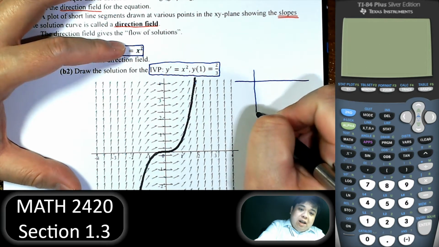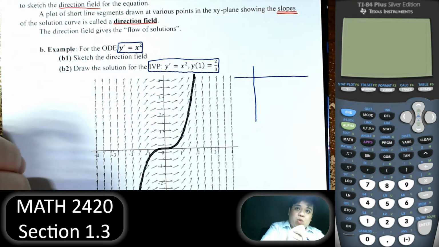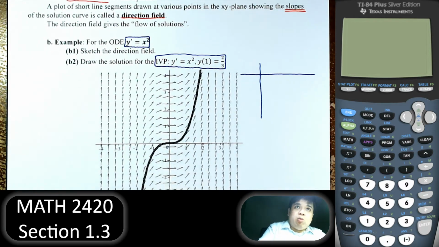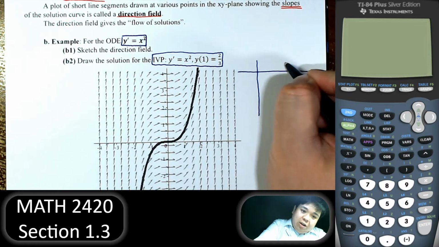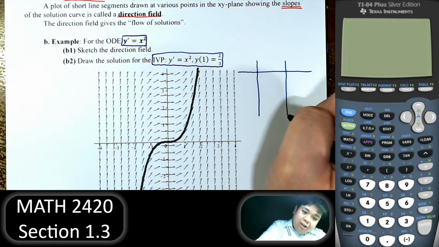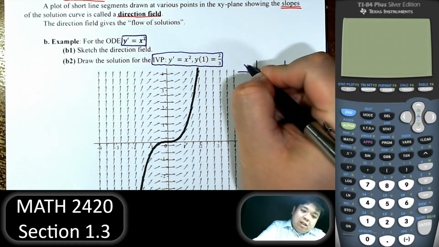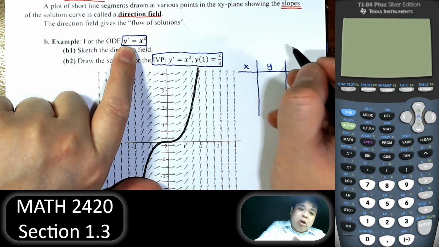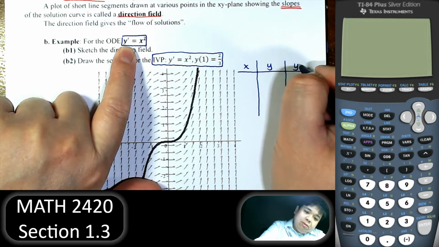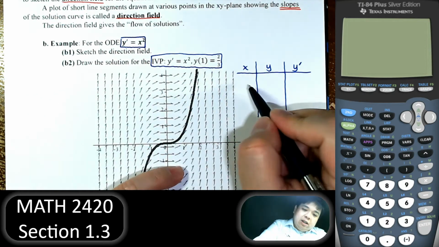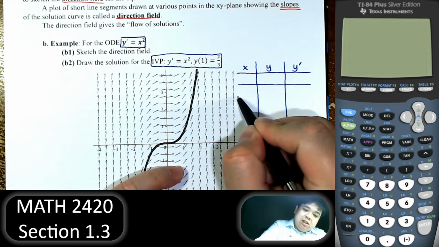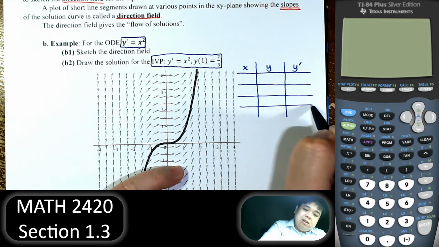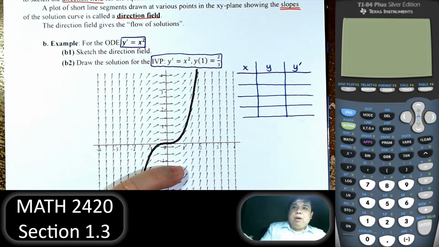In the old days, we actually had to draw each one of them by hand, but I drew this with a computer program. So let's say we have x and y, and after that we just write y prime. Just make a table like that. I'll just pick some values.